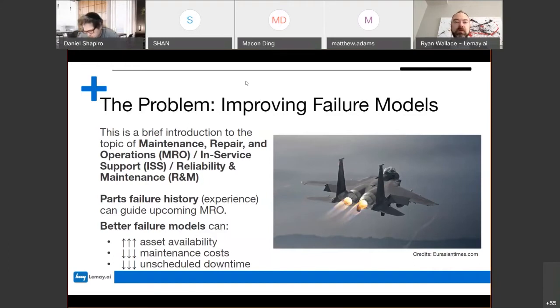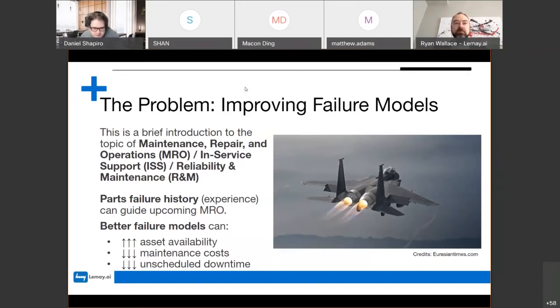Just as a high level introduction to the topic, there's a lot of detail, and so we're going to go through a bunch of terminology. You can reach these slides at rul.lemay.ai. I'm going to go through the technical terminology relatively quickly because it's highly Googleable and standard in the industry.